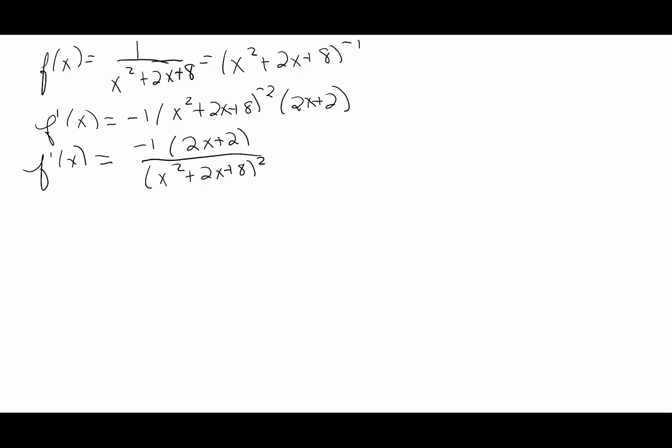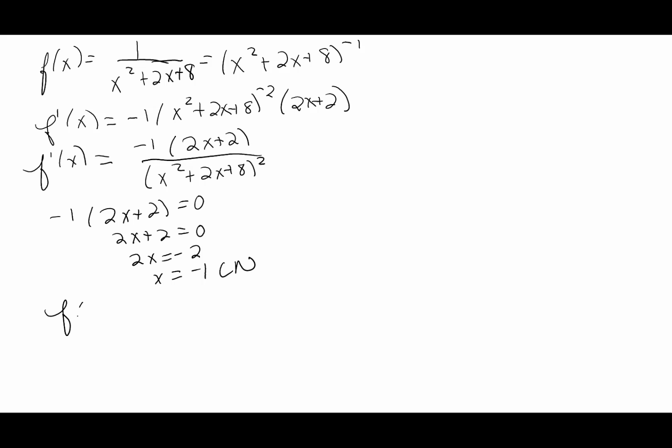So what do I want to know here? I want to know, when is this equal to 0, which again says grab the numerator. So if I take the negative 1 times 2x plus 2 and set it equal to 0, I'm just looking at the 2x plus 2 is 0. That's 2x is negative 2, which means x is negative 1. Okay, so this is a critical number.